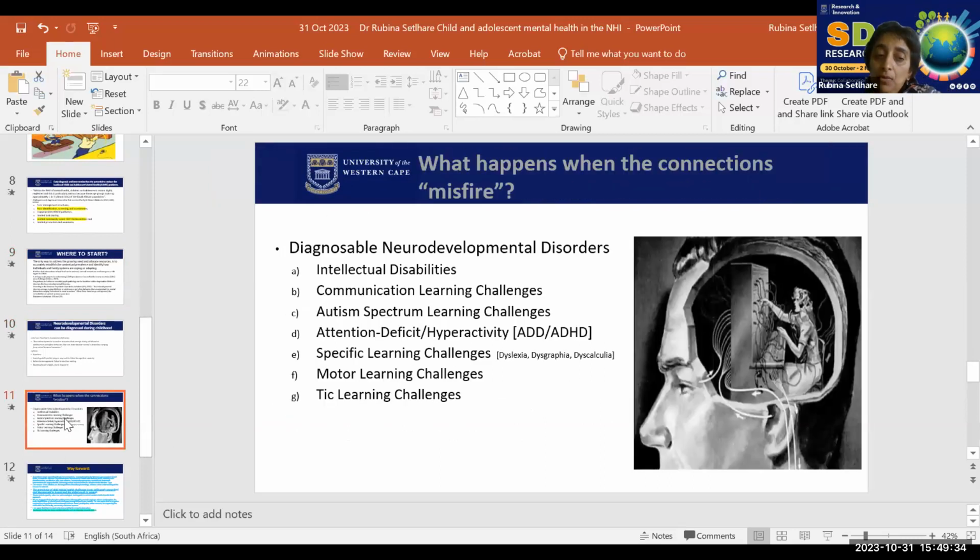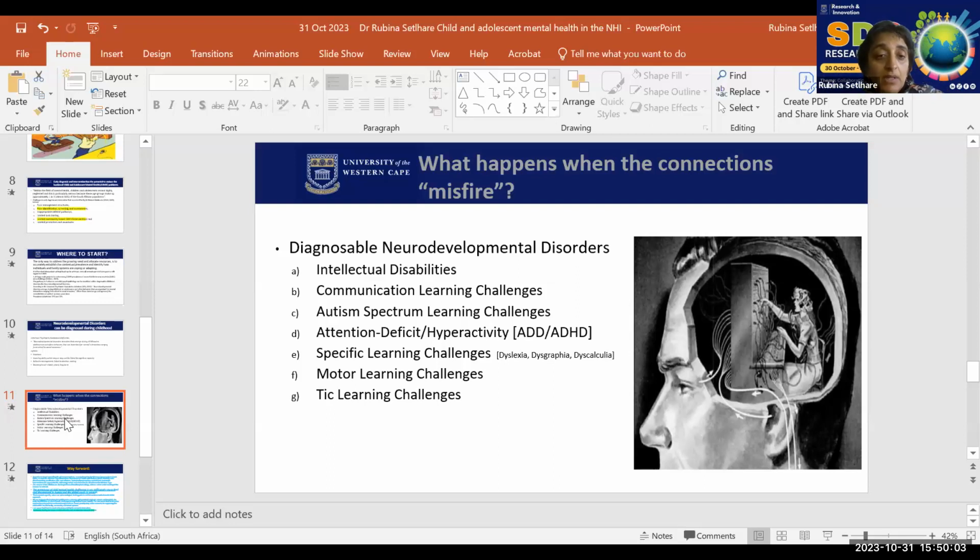Just for people who may not be in the field, there's a range of neurodevelopmental disorders which can actually be diagnosed from preschool level through primary and even high school. And the earlier we have a diagnosis, the earlier support can be provided, the earlier awareness can be created within the family system to provide support to the child as well as the family system.